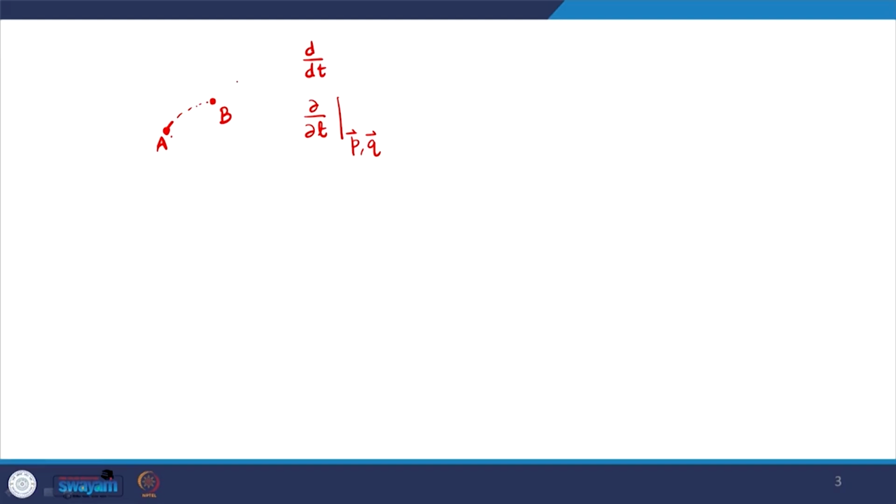So, if I do the math, it turns out that I can represent the total derivative as the partial derivative plus p dot dotted with del of p, so gradient with respect to the momentum, plus q dot dotted with the gradient with respect to q, right.